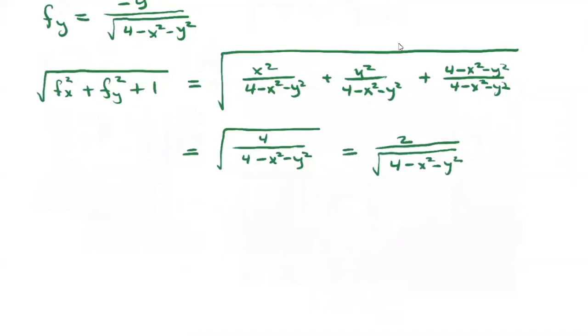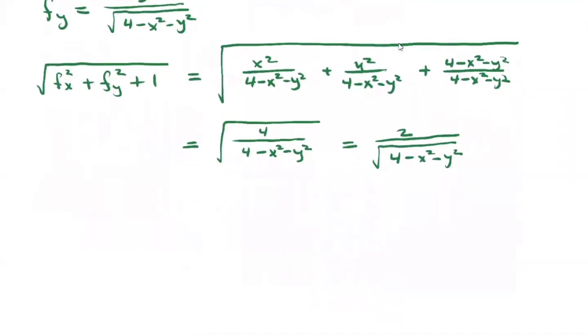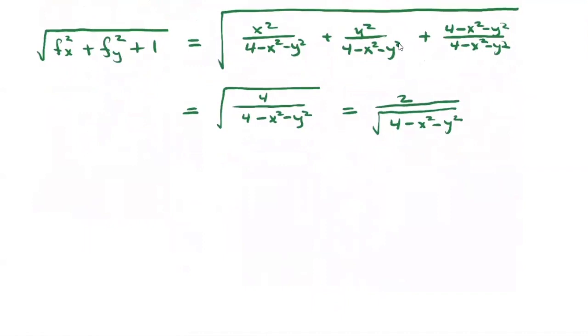So the surface area, now I want to draw this region that we're integrating over. It's a circle. Okay, so this is the region in the xy plane. This is a circle whose radius is the square root of 3.